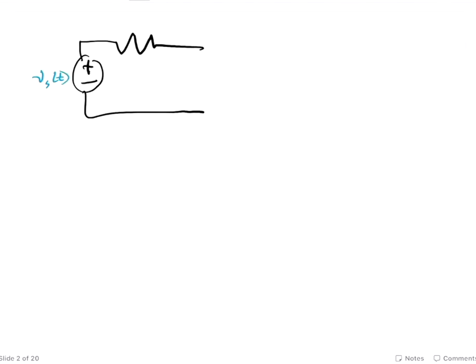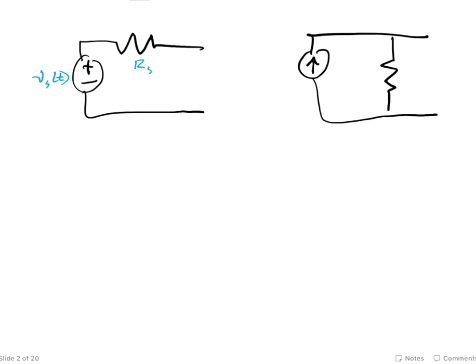So, signal sources. I talked quite a bit about this yesterday. I'm not going to talk much about it yet today. But we could have a Thevenin representation where we've got a signal source and a Thevenin resistance, or source resistance, I'm calling it here. And we could look at that as a Norton circuit. It's perfectly identical. We're just considering that we have a current source instead of a voltage source.